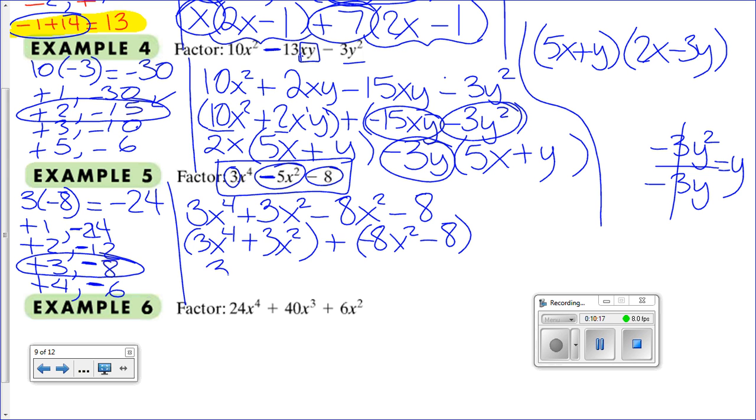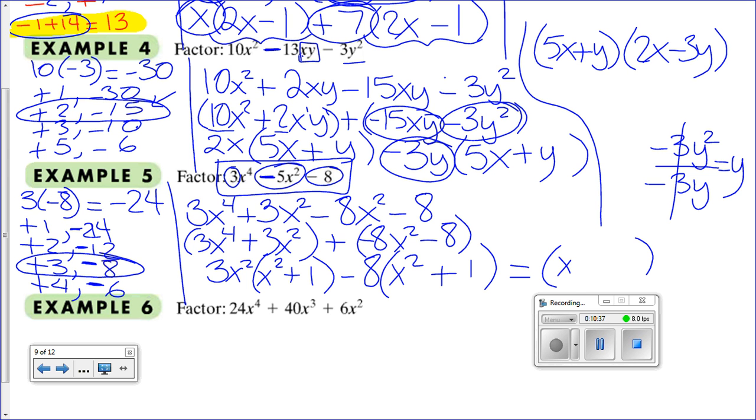In this case, we'll have 3x squared times x squared plus 1. And then here, I'm going to factor out a negative 8, so I will get x squared plus 1. So my two factors will be x squared plus 1, and the other one, 3x squared minus 8.